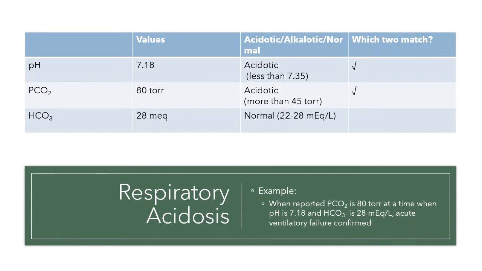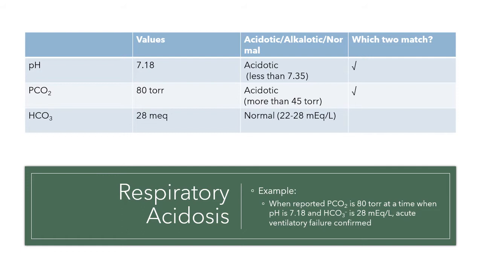Here are some values for acute ventilatory failure. Please notice the pH of 7.31 is acidotic. It is less than 7.35. The PaCO2 has risen. It's 80 torr. It is also considered acidotic, more than 45.